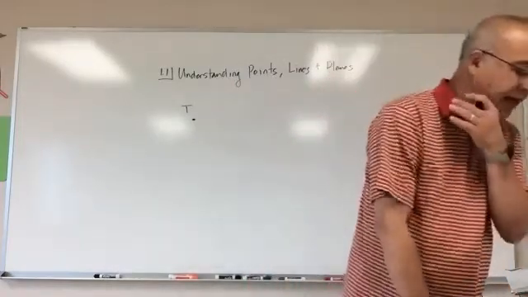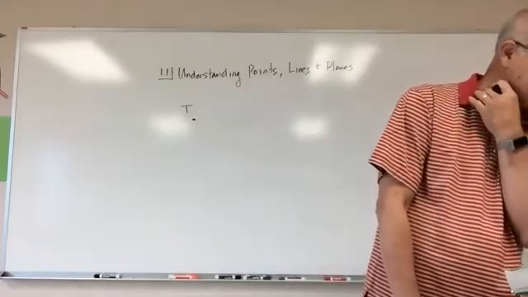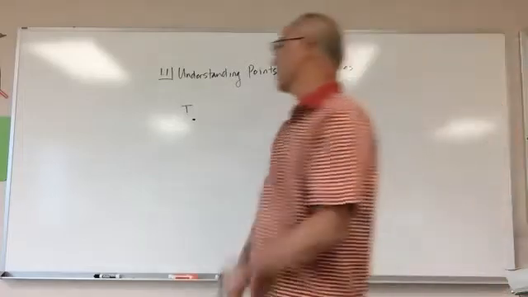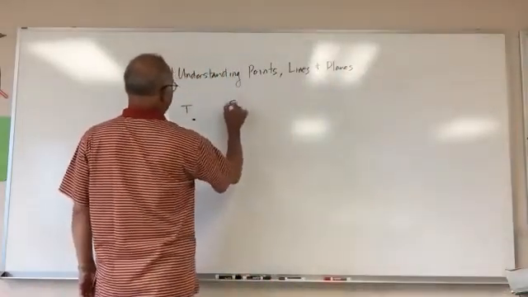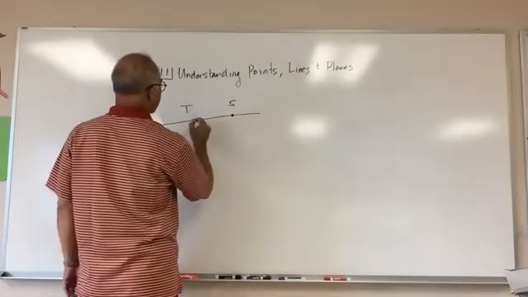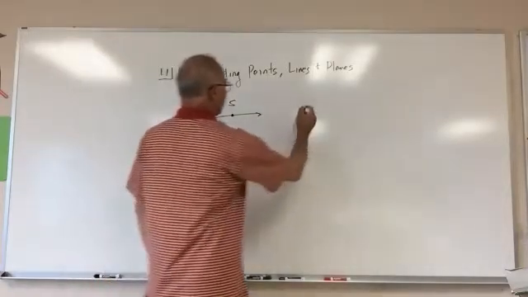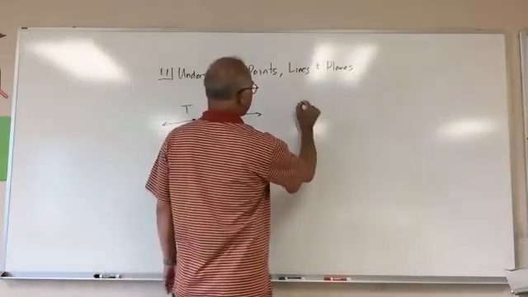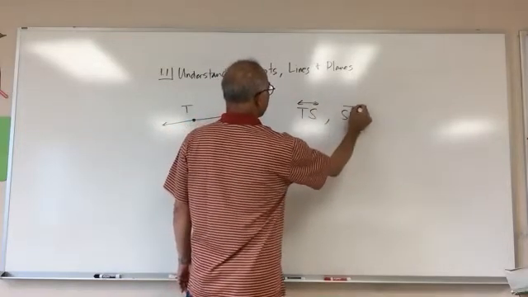A line is a straight path that has no thickness and extends forever. So if I have T and I have S, I can have a line that goes like this in either direction. And the line is labeled as this or as this.